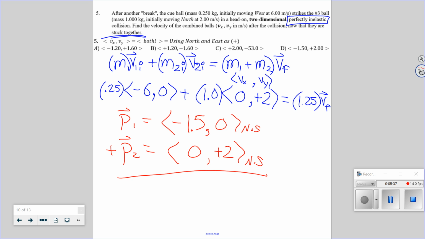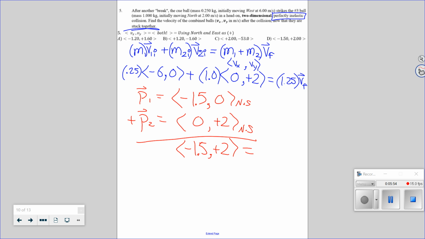So there's the momentum. Okay, and I'm adding them together. And look, I have x and y in different columns, so it's really easy just to add down the columns. Minus 1.5 plus 2. And then that's what equals 1.25 times v final, my final momentum.